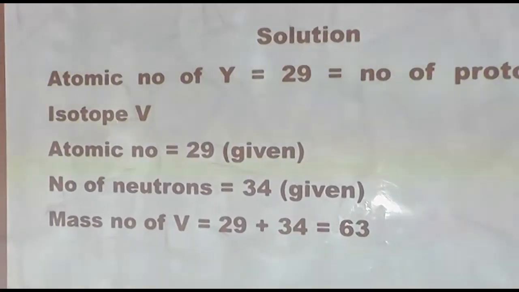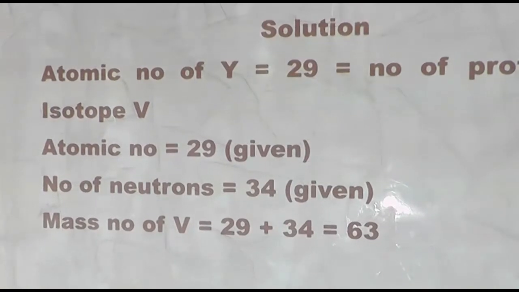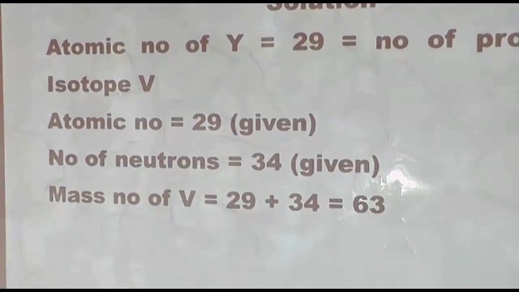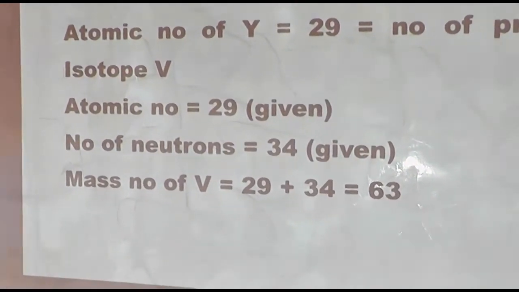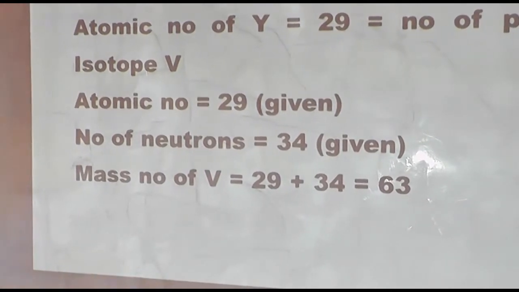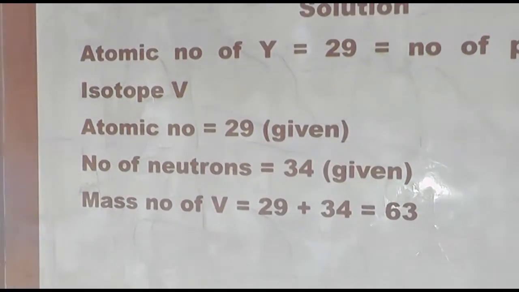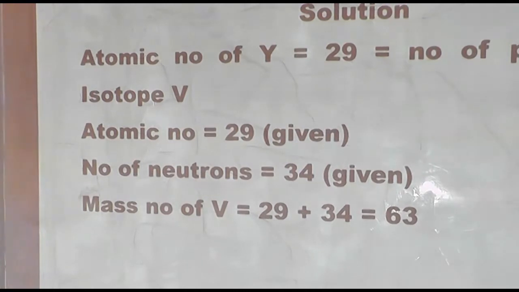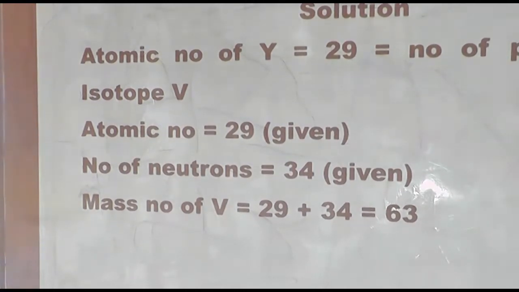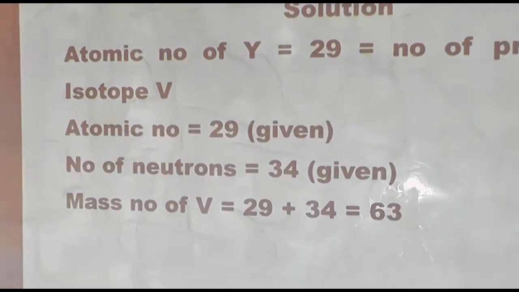The atomic number is given. The number of neutrons is also given, 34. Therefore, the mass number of V, that's question A, we want to answer. The mass number of V is equal to the number of protons plus the number of neutrons, according to our previous lessons.